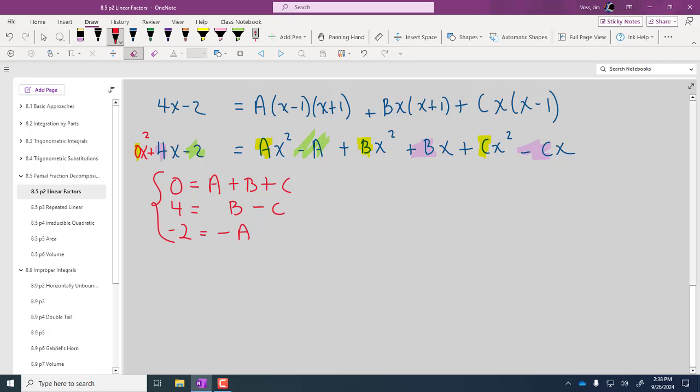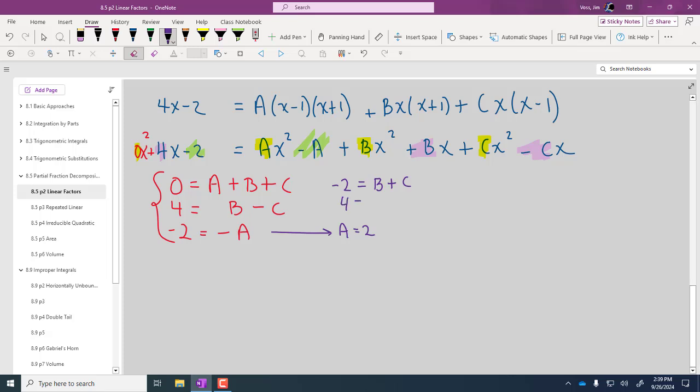So now we just have to solve that system. In this case, we should be able to bootstrap our way up. This says that a is 2. So if a is 2, let's plug that into the top equation so that we have two equations with b and c. I'm plugging the 2 into the top equation, and I'm going to move it to the left. So I have -2 equals b plus c.